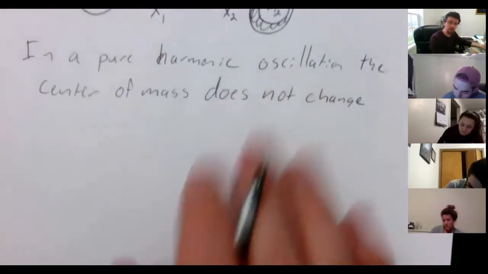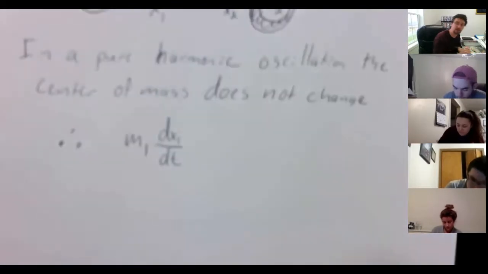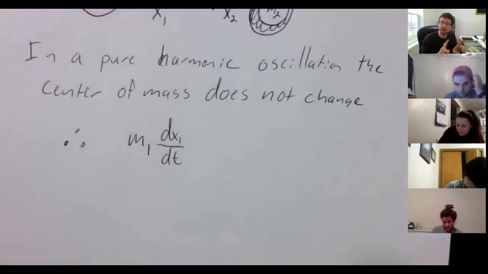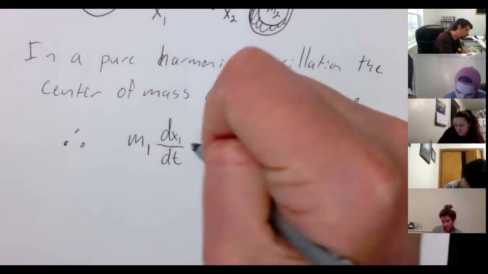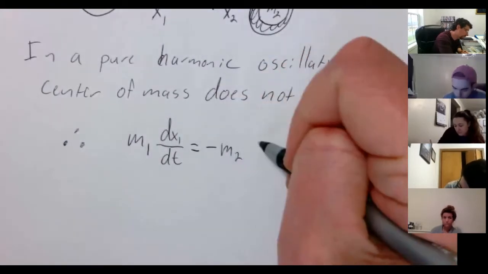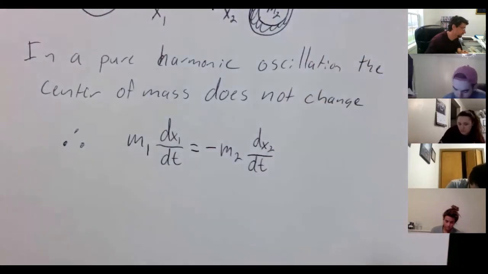So if we look at the change, we have m1 times dx sub 1 dt. At some point, this mass is going to move a little bit over some period of time. That should be equal to negative m2 dx sub 2 dt.